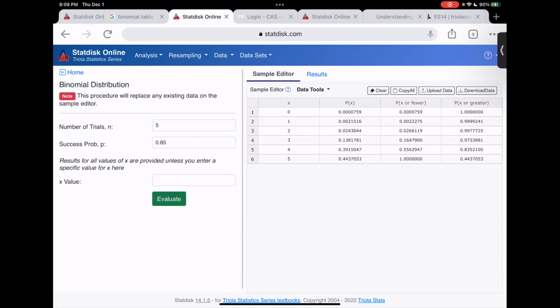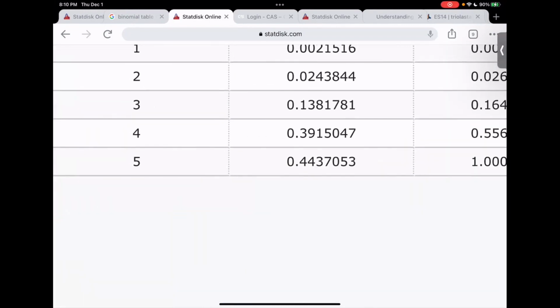Because we did 5 tries, this is the probability of getting 0. So if you ask 5 people, this value is the probability that no one will say, I know Twitter. And the probability that all 5 will say yes, we know Twitter, is 0.443, or 0.444 since we have not rounded.